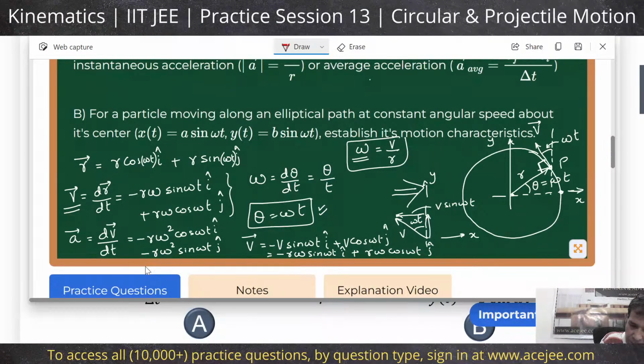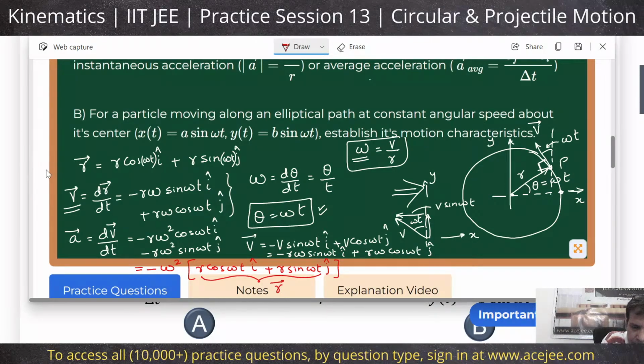Okay. So if I can write it, I'm going to take minus omega square out. What do I get? r cos omega t i cap plus r sine omega t j cap within the brackets. So if you look at this vector, this is nothing but the r vector, no?